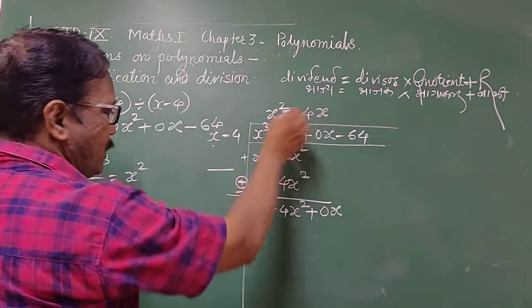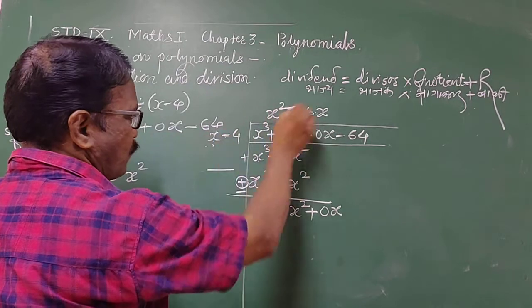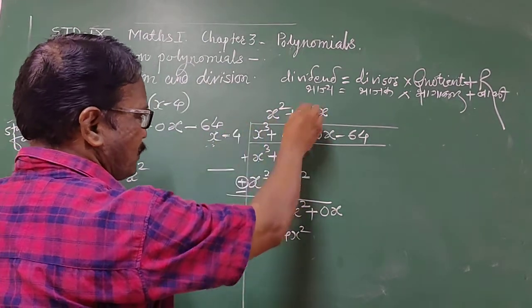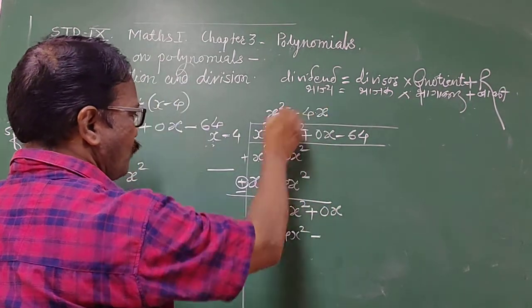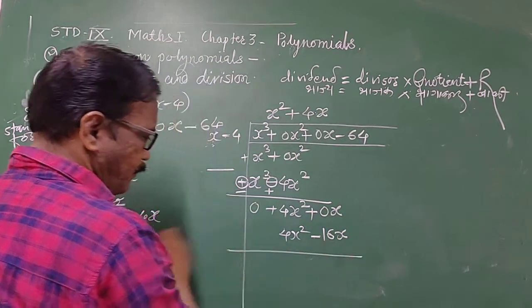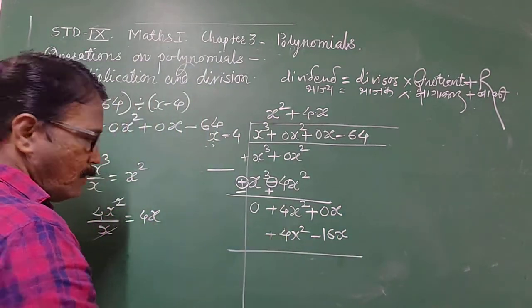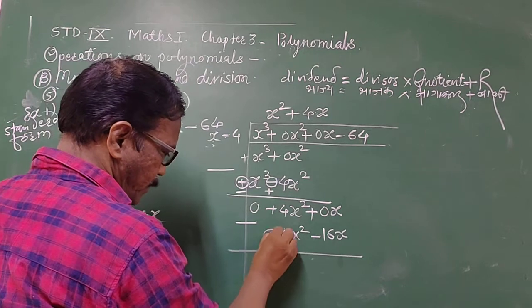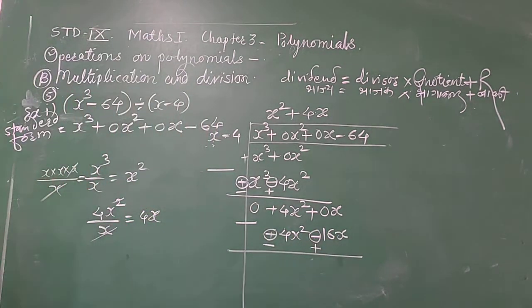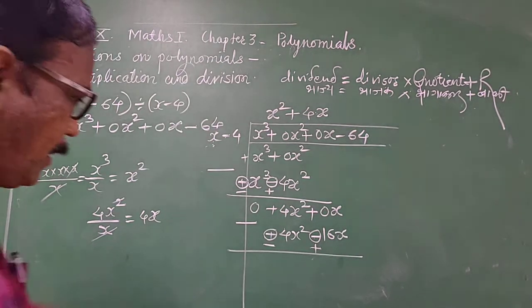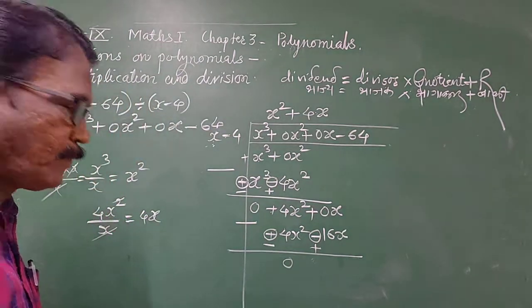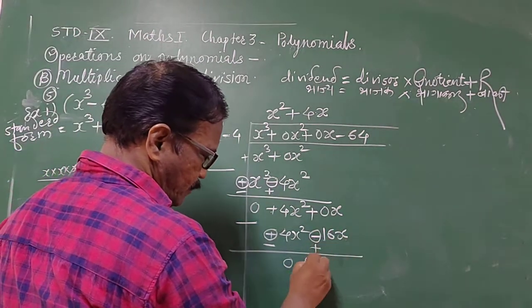And then the product of these two, 4x square plus minus, we get minus 4 into 4, that is 16x, minus, so its signs are changed. And then addition, plus 4 minus 4, it is 0, and it is 16x.